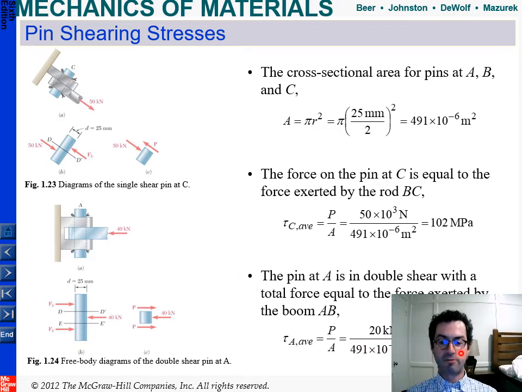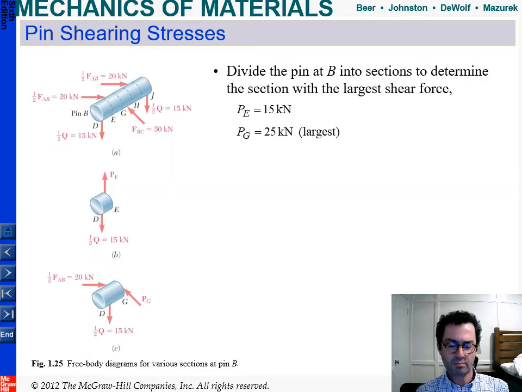So we've only got 40 megapascals on the bottom. That's not what's failing first either. So even less. And you can see we've got less force, and in the double shear, we've got less force on each particular surface. That's kind of like if you're building a structure, that's a better way to go.